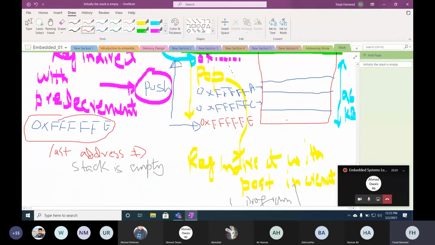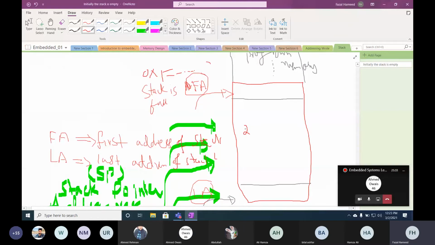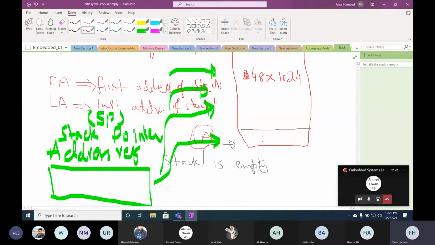It is 96 kilobytes, so we are storing 48 multiplied by 1024 locations, but the address register is pointing to only one of them.